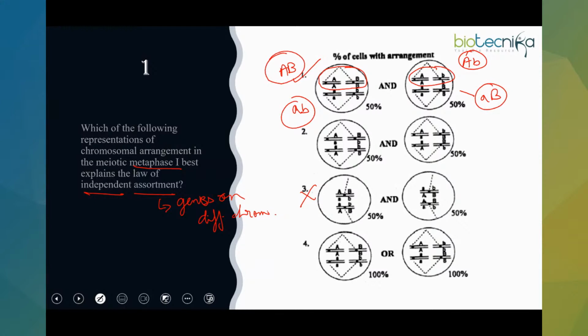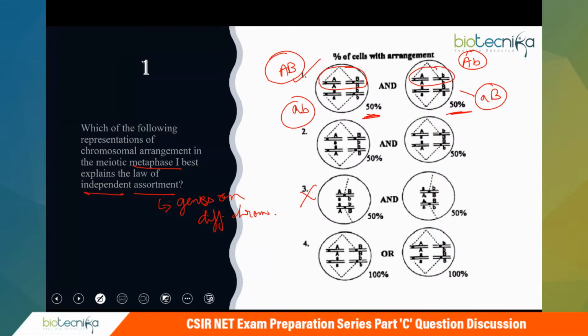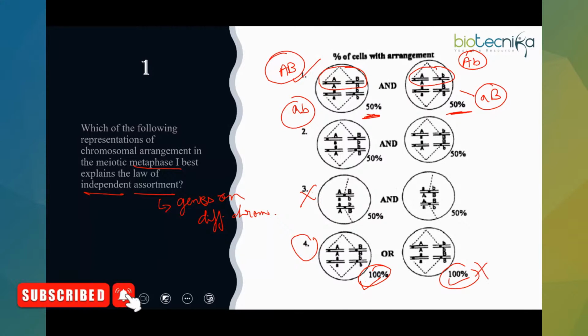Okay. So these are the 4 different genotypes in the gametes which are possible, and each is possible with equal probability. Option 4 is also showing the same arrangement, but it is saying either this or this, and that is not possible. That is not according to what independent assortment said.